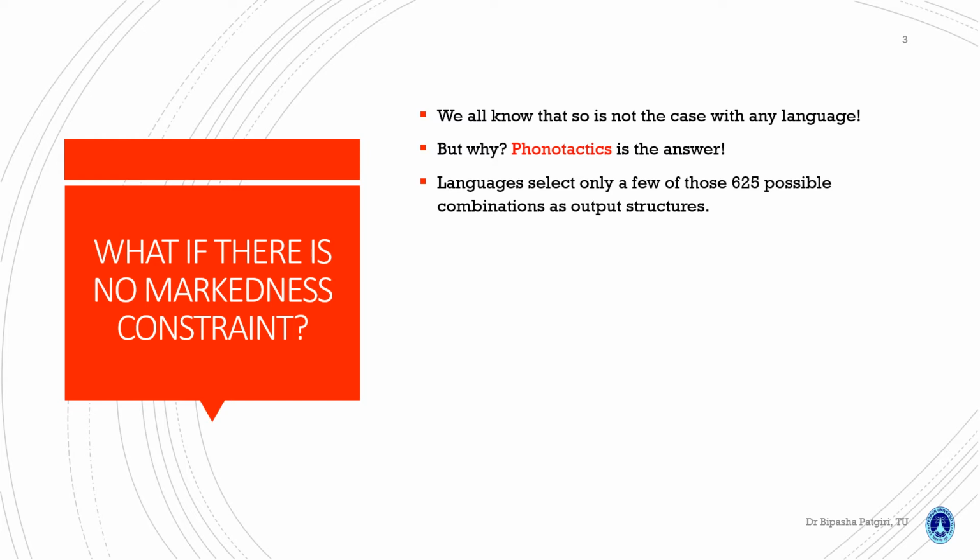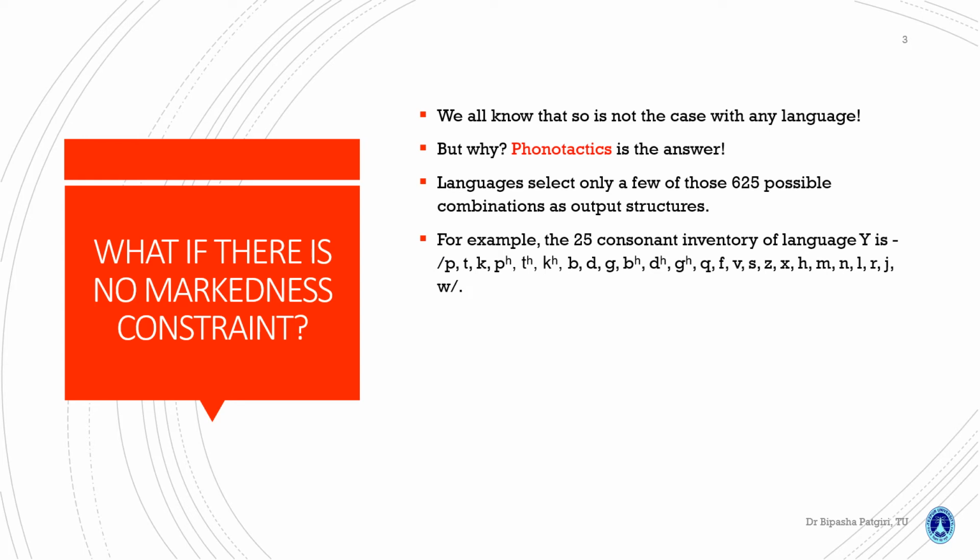as output structures. For example, the 25 consonant inventory of language Y, let's say these are the sounds pa ta ka, fa tha kha, ba da ga, bha dha gha, ka, fa, va, sa, za, ha, ma, na, ra, la, ra, ya, and wa.